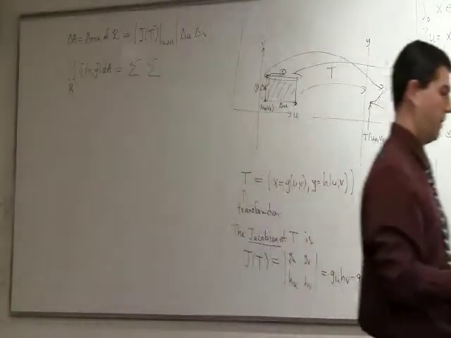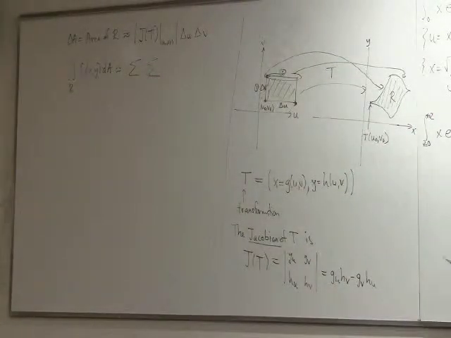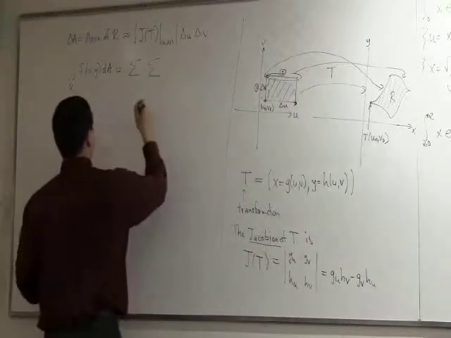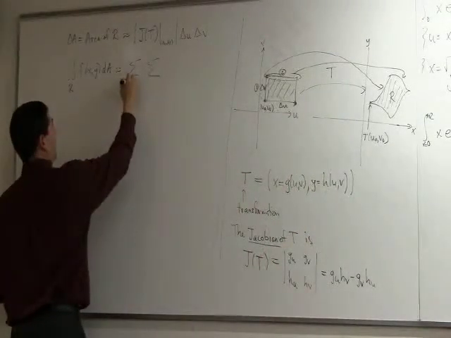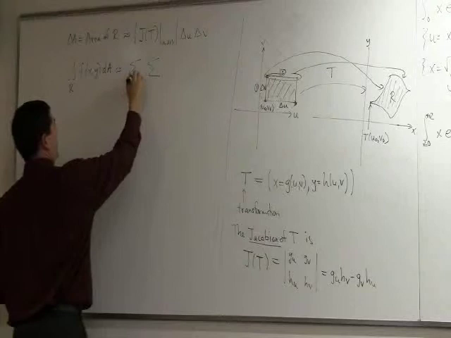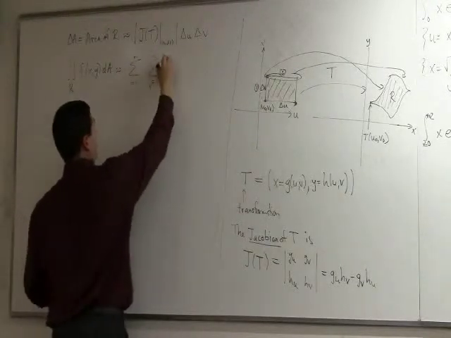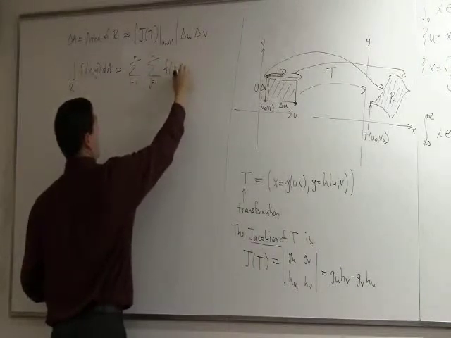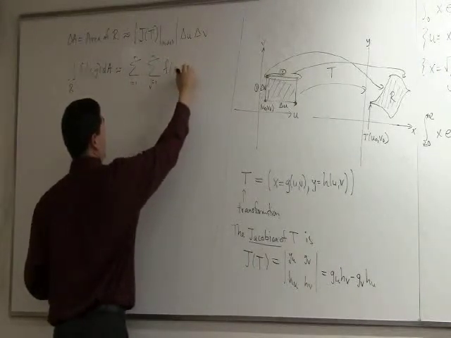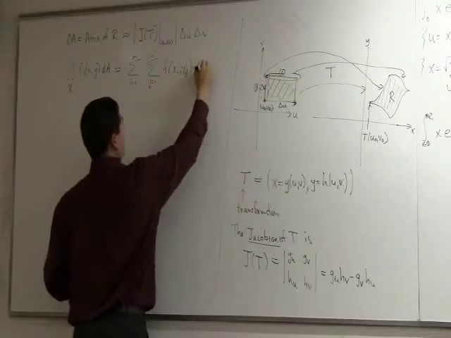You have to do this double sum, say from i equals 1 to m, and j equals 1 to n, and then you do f of xi, yj, delta A.